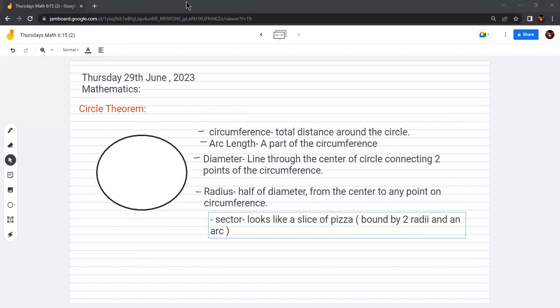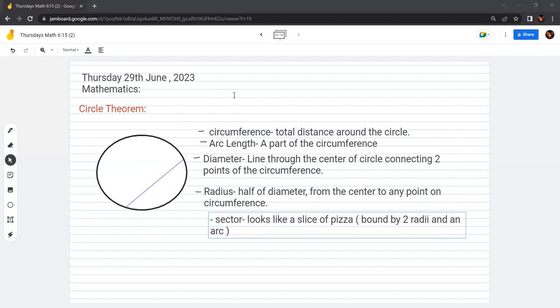Another thing that you must know is the term chord. A chord is a line which cuts a circle into two segments. It's a line that connects one part of the circumference to another, but the difference is it doesn't go through the center.